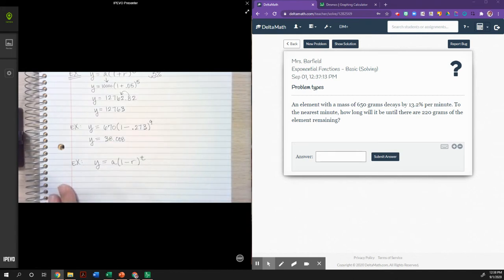We have an initial amount of 650, so 650 times 1 minus 0.132. It says to the nearest minute, that's our time, so t is unknown. How long will it be until there's 220?